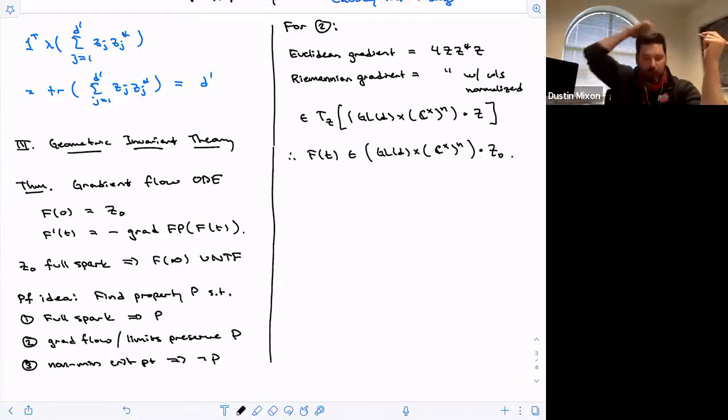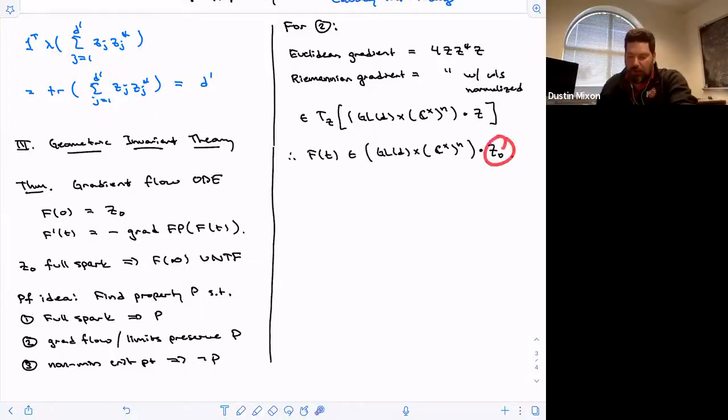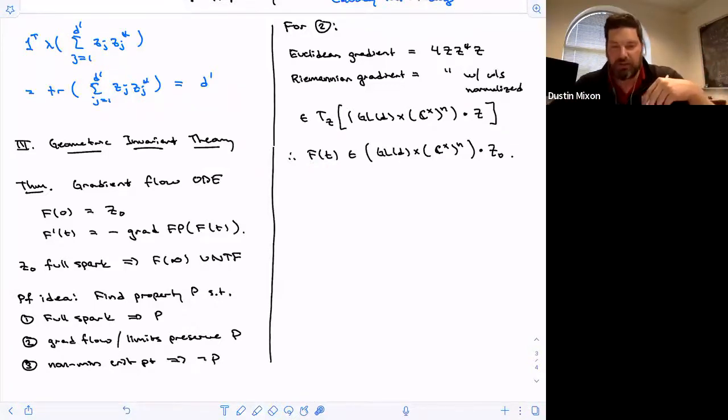Okay, so I initialize somewhere, and all throughout my gradient flow trajectory, I'm staying in this particular group orbit of the initialization. So all this to say, there is some sort of symmetry calling the shots here, some sort of group action. And this is where geometric invariant theory becomes relevant.